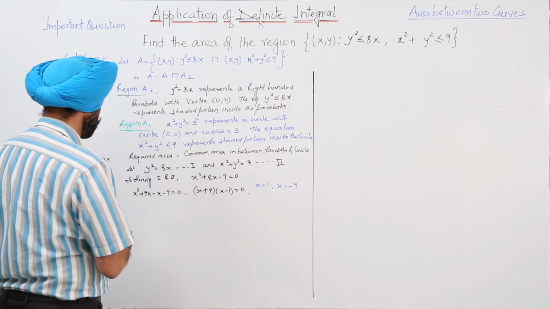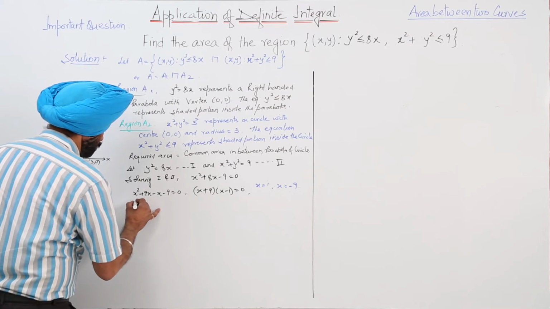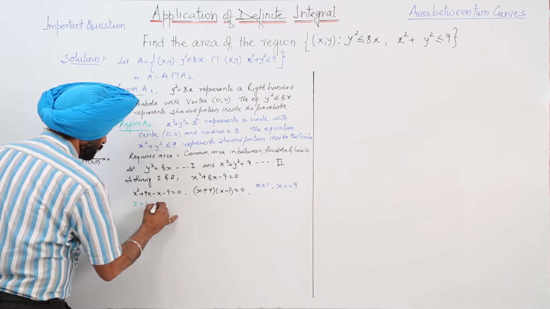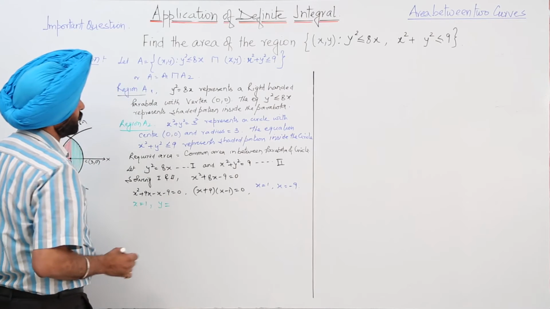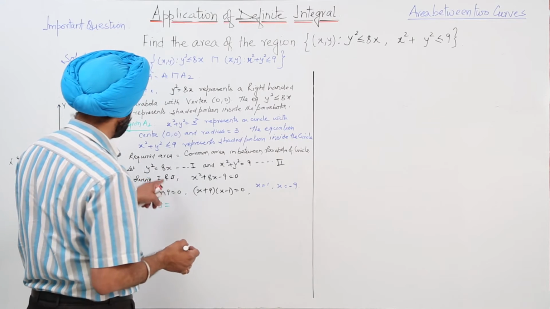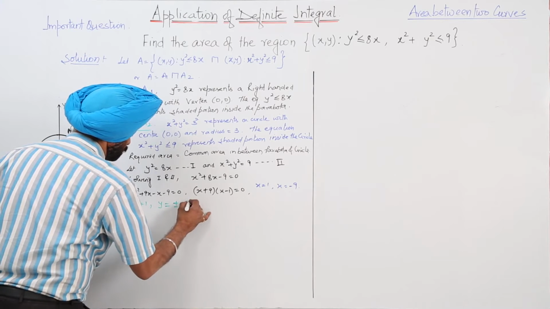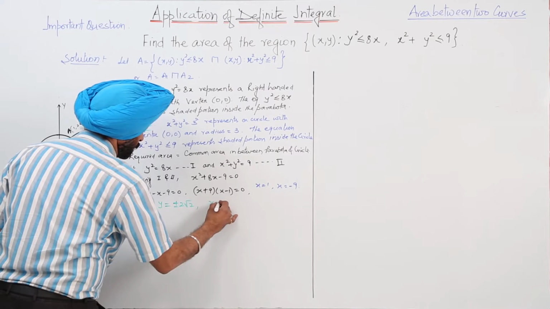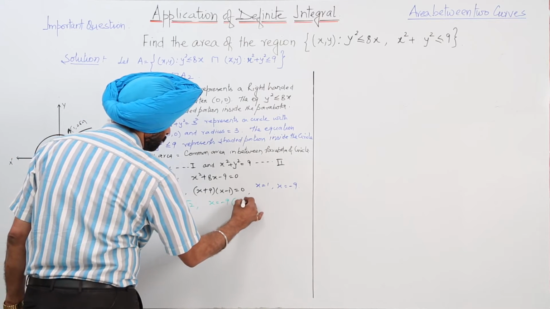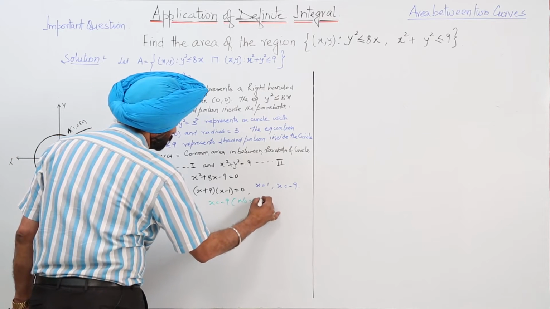Now x is equal to 1, y is equal to plus minus 2 root 2, from y square equal to 8x, and x is equal to minus 9 gives no real roots.